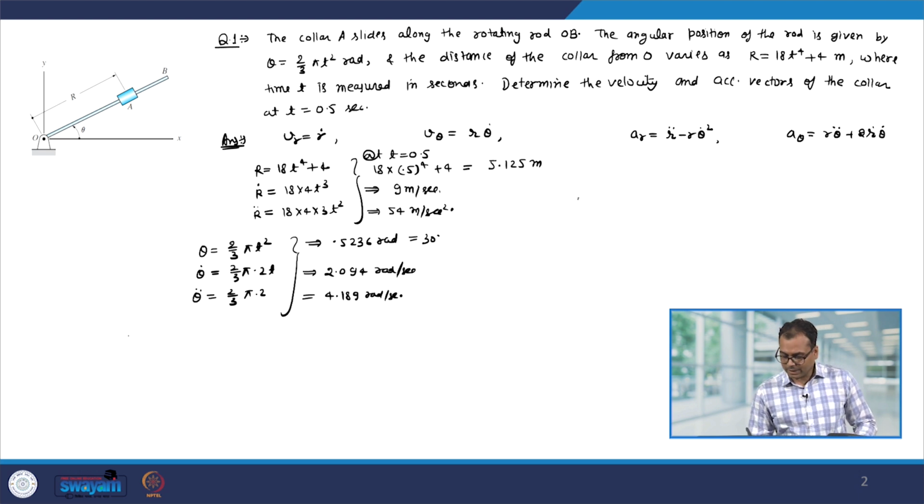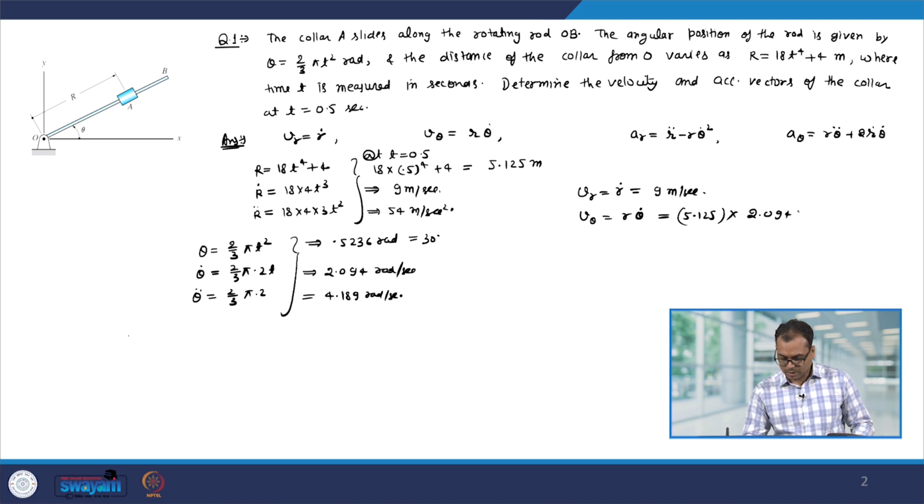So, now let us look at Vr. Vr was r dot and r dot we have calculated, it is 9 meter per second. V theta is r theta dot, r is 5.125 multiplied by theta dot is 2.094 and this comes out to be 10.73 meter per second.